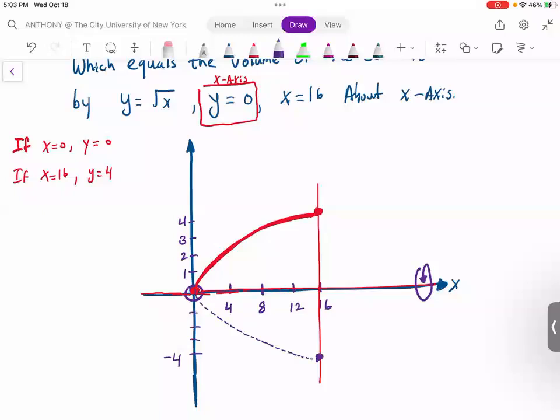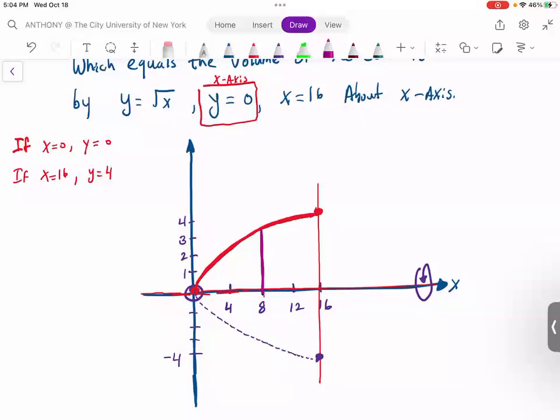All right, so let's just say we chose some value of x. Let's suppose I chose x equal to 8. If I'm rotating this about the x-axis, at x equals 8, the radius is going to be the distance between the x-axis and your curve. So here's my radius.